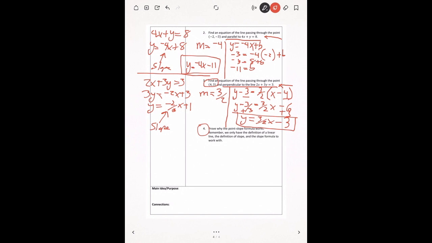In class, I told some students, remember, you really only know for certain that ax plus by equals c is the definition of an equation, and that slope is equal to y2 minus y1 over x2 minus x1. So if you're interested, try and use these two tools to see if you can come up with the point-slope formula from these two definitions.